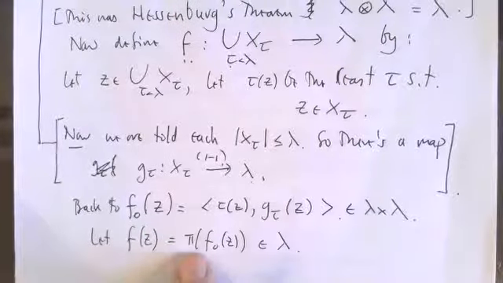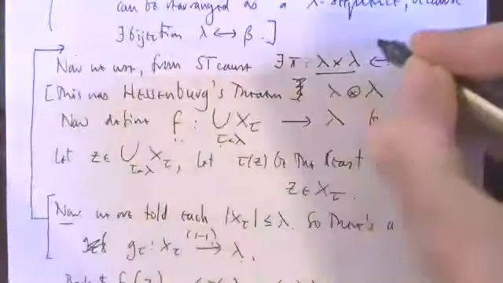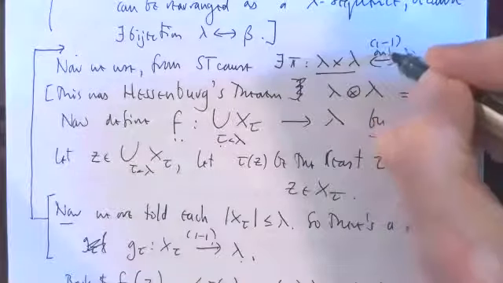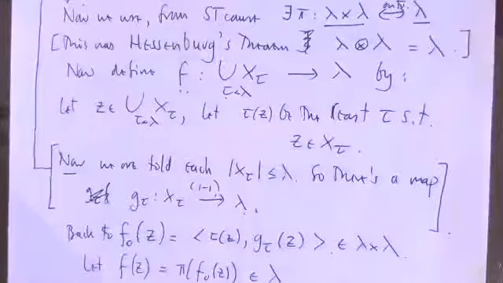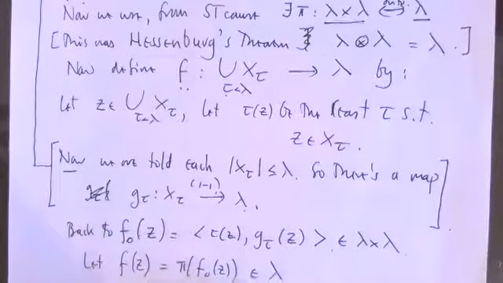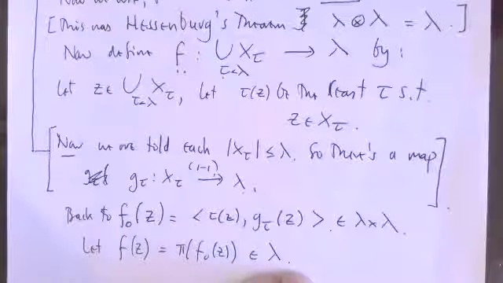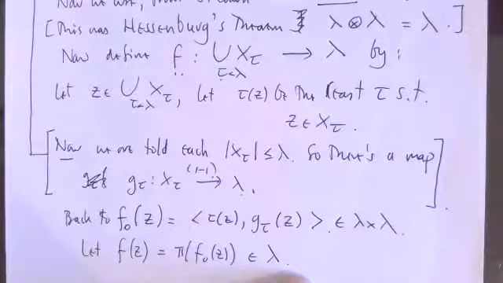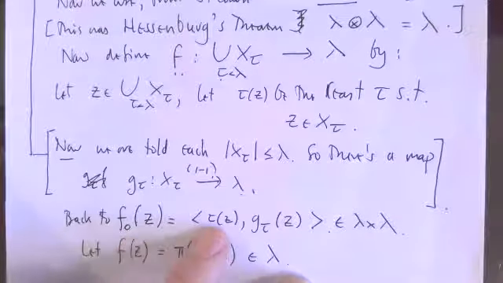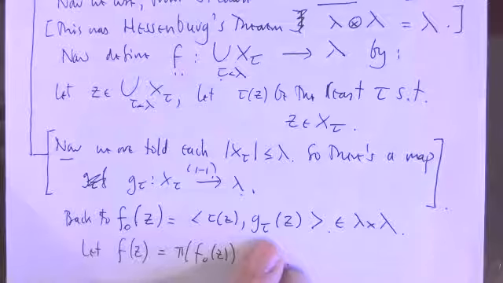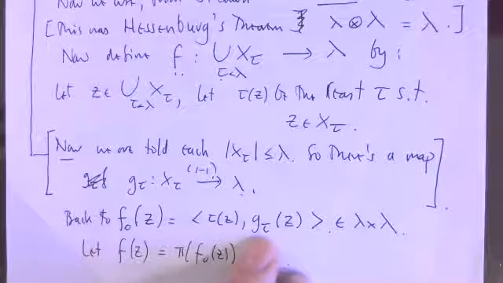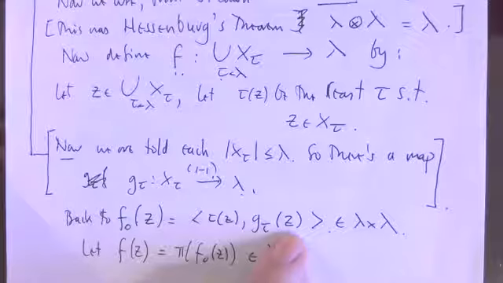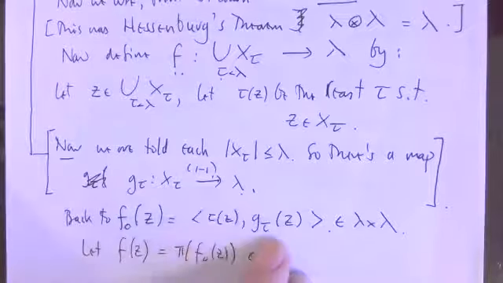So pi is a bijection, so this is one-to-one onto over here. Each pair goes to a unique ordinal less than lambda, and conversely, for any Z, there's a unique Tor Z that's associated with it. So I then look at the one-to-one map here, and G of Tor takes different things in X Tor to different ordinals.